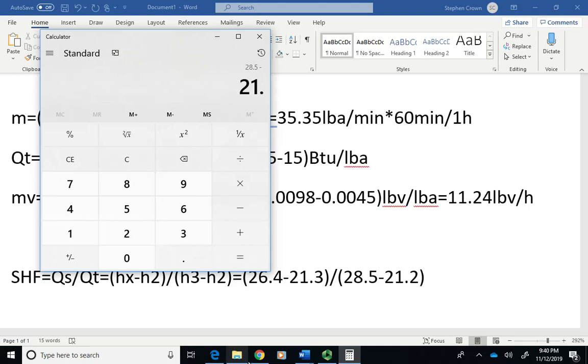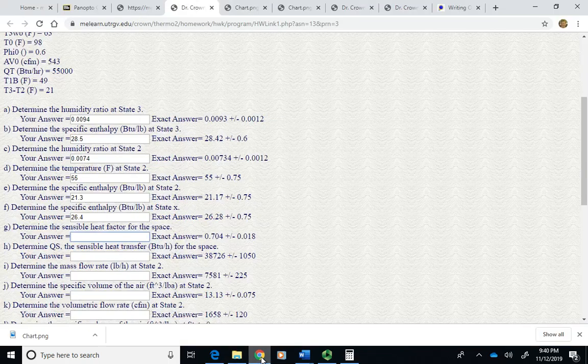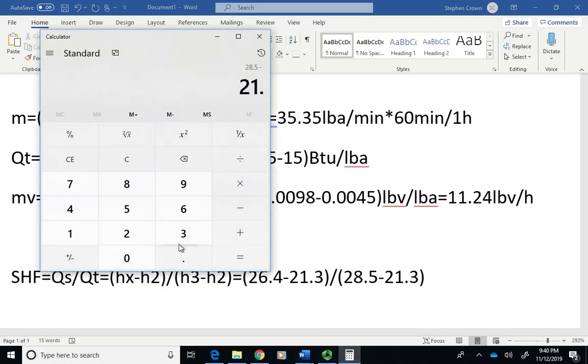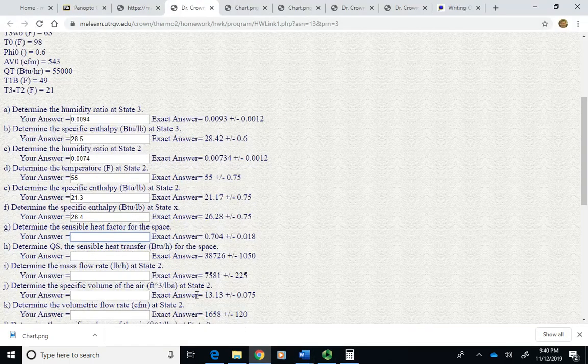I don't remember if it's 21.2 or 21.3. 21.3. So that was 5.1 divided by 7.2. So 5.1 divided by 7.2. So 70.8, or 0.708, is my sensible heat factor.